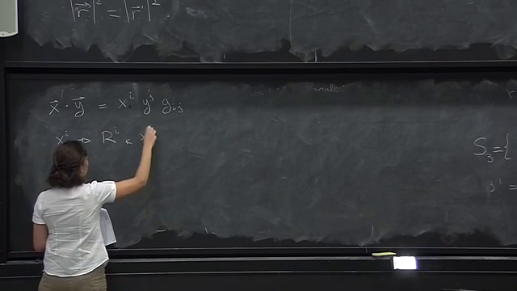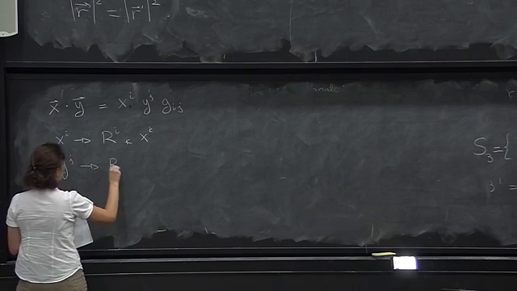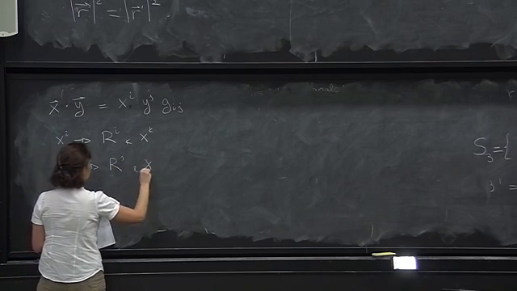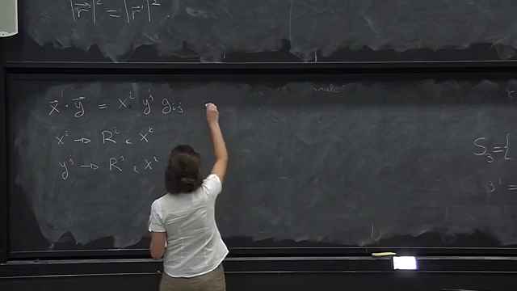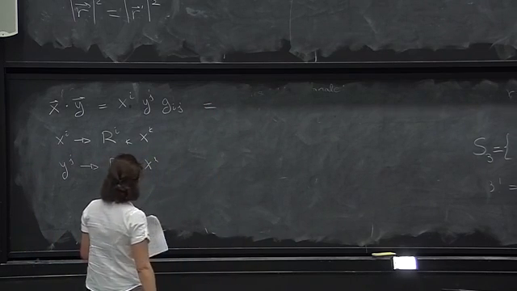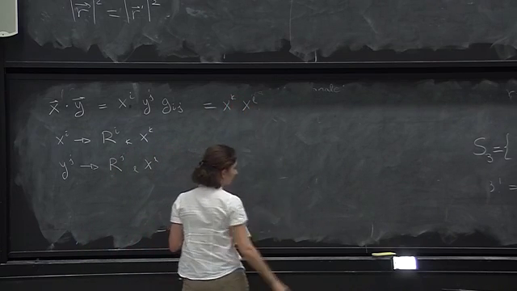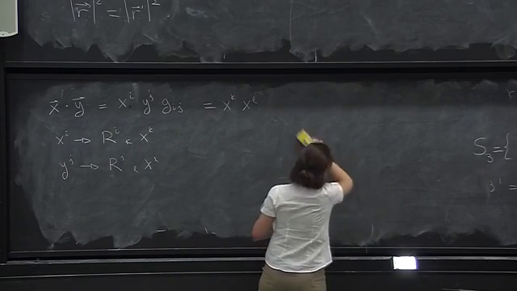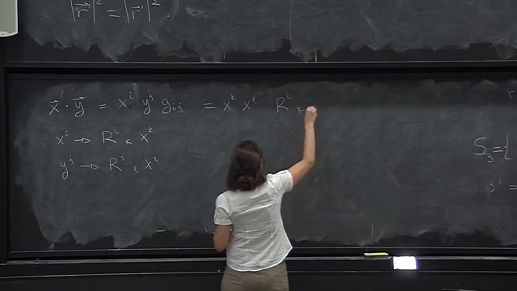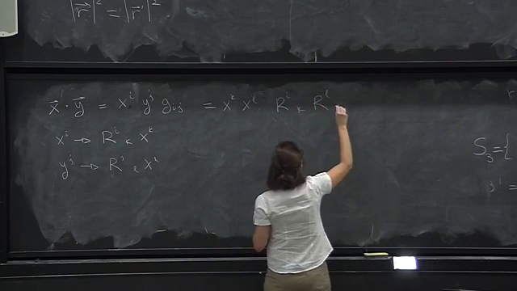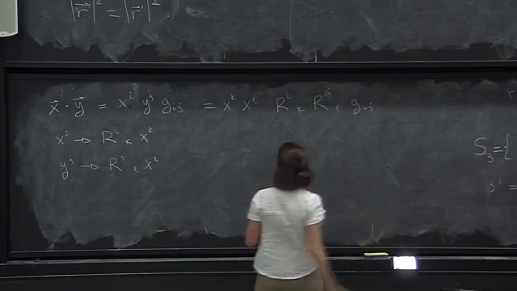Now, under a rotation, x_i goes to R_ik x_k, and y_j goes to R_jl y_l. And if we require this to be invariant, this has to be equal to x_k y_l R_ik R_jl g_ij.